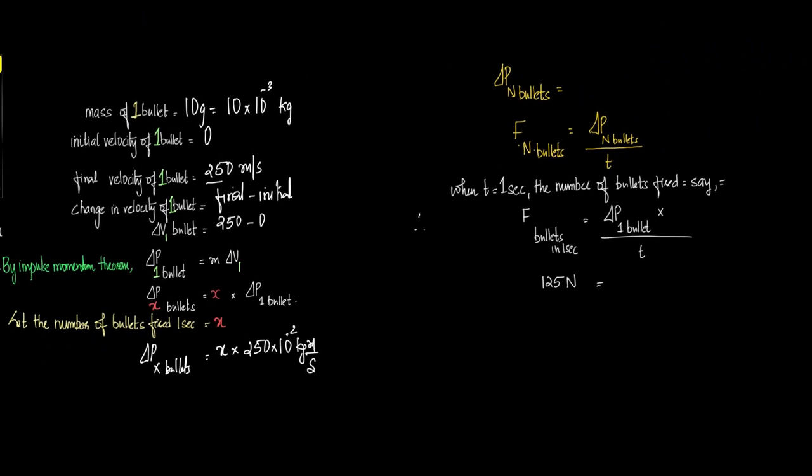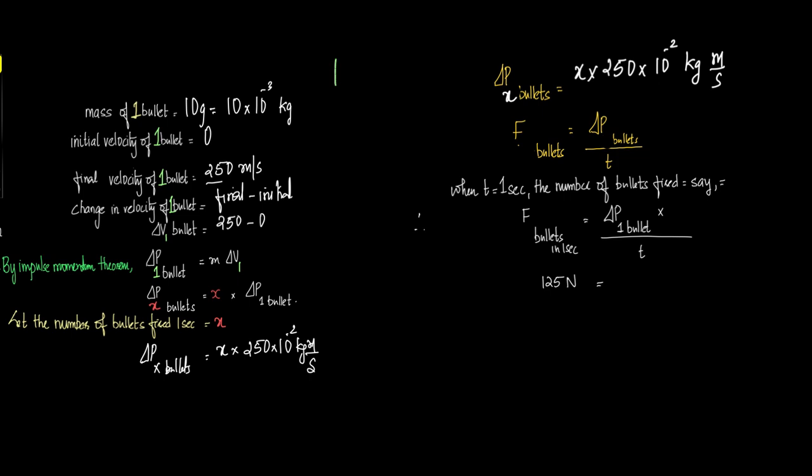Let us not use n here because you may get confused with Newton. So delta P of x bullets is equal to x into 250 into 10 to the power minus 2 kilogram meter per second.